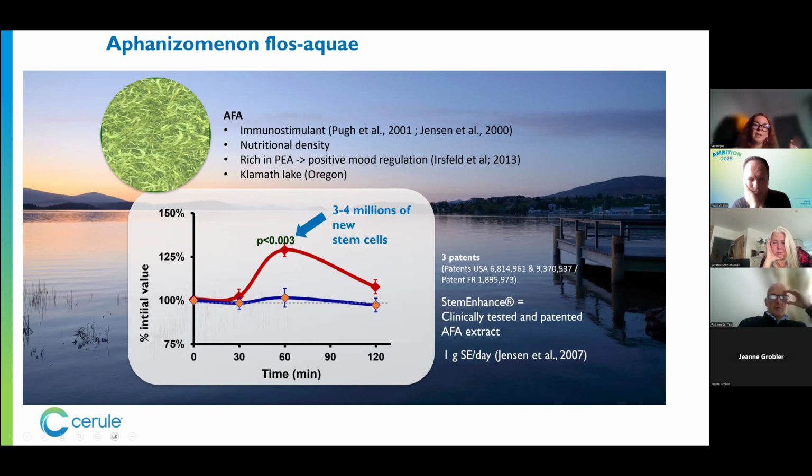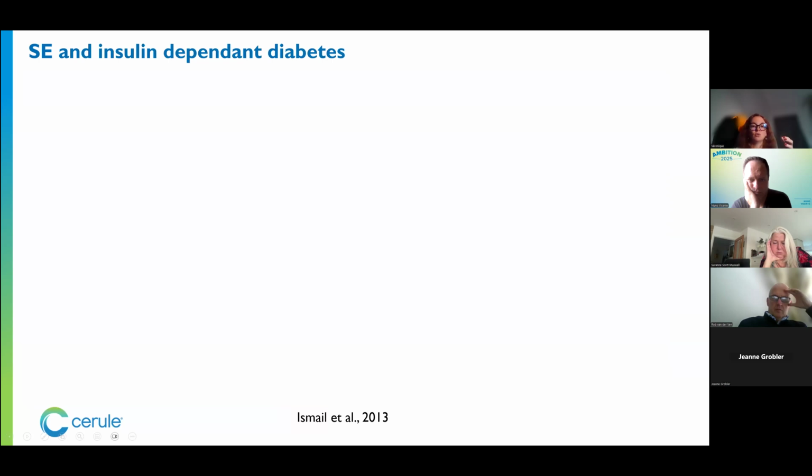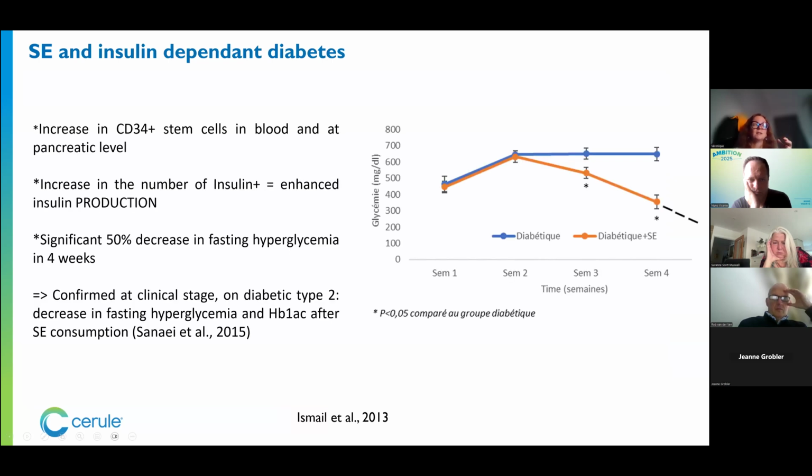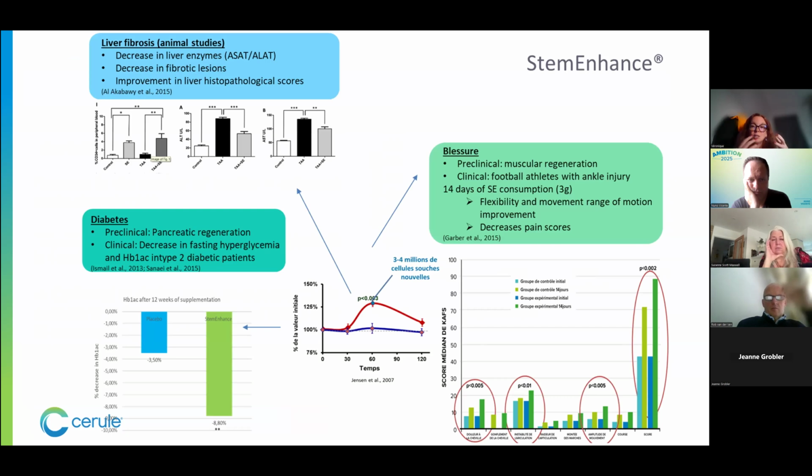So it's really a complementary mechanism of action between the 3 stem cell mobilizers in Stemness Ultra. We know that this stem cell mobilization by Stemness has several clinical benefits for ankle injury, for liver fibrosis, for diabetes, which really illustrate the clinical benefits of stem cell mobilization.